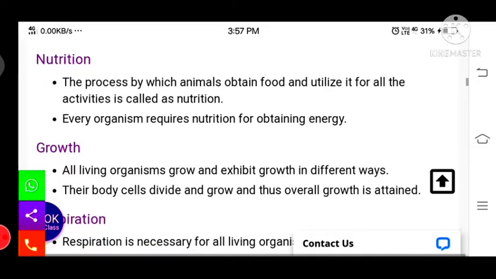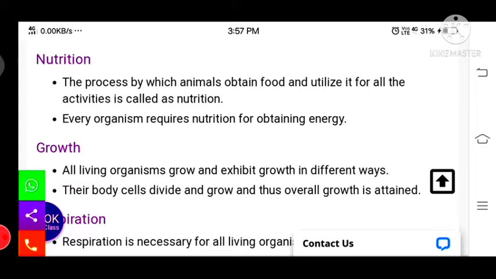So now we discuss from where they gain energy or nutrients, why they grow, how they grow. Nutrition: the process by which animals obtain food and utilize it for all the activities is called nutrition.